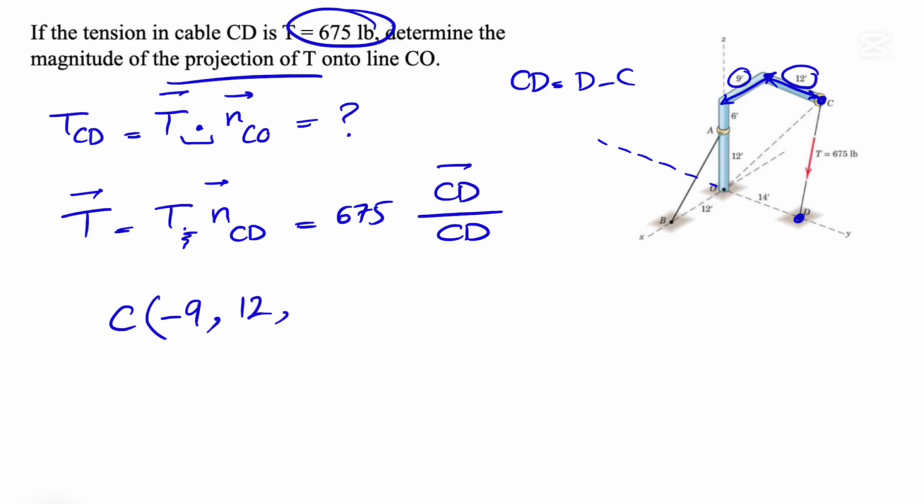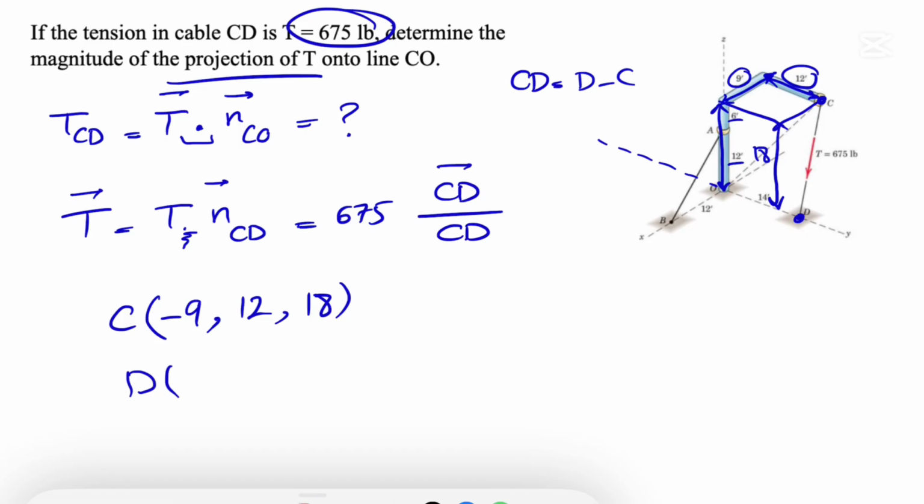So that would be our Y component. And for the Z component, we have this plane here, and the distance for Z would be basically 12 plus 6, which will be 18. So that's pretty much everything for C. Also, what we have from here to here is also 18.